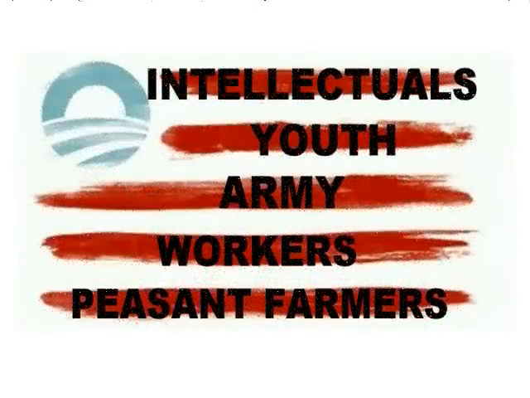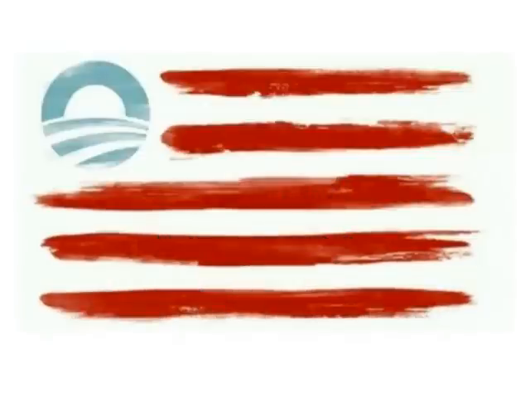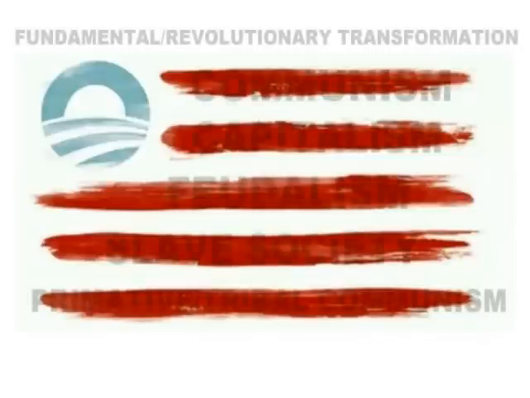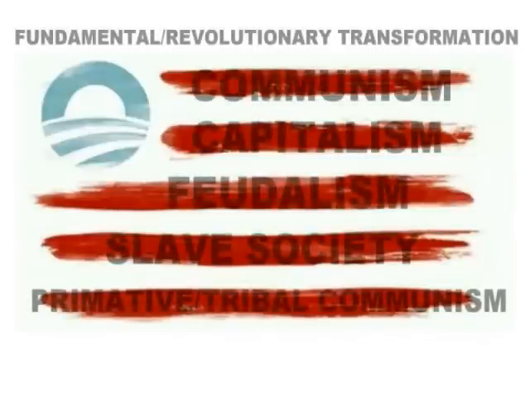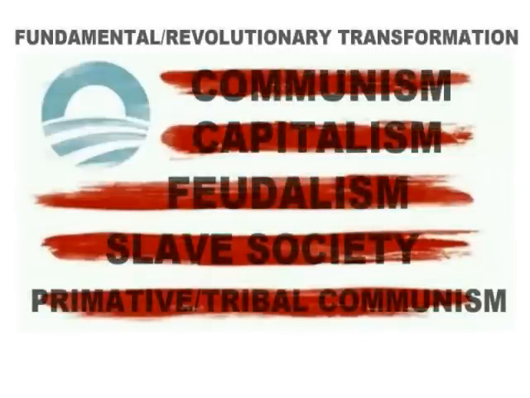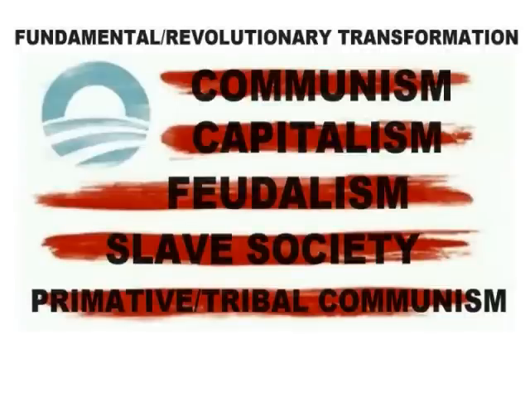I don't know if these 5 stripes are supposed to represent that, or if they are supposed to represent the 5 evolutions of society, starting with primitive communism, slavery, feudalism, capitalism, and then finally the final transformation into communism. I would venture to guess that this was the intention of the designers of this flag.